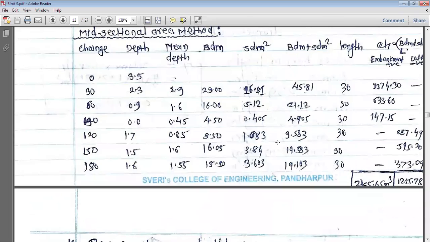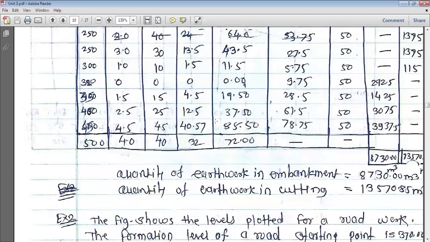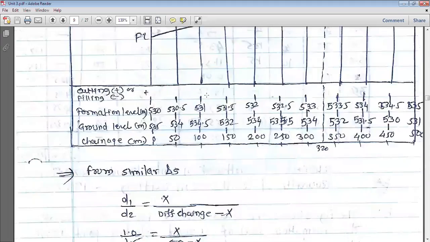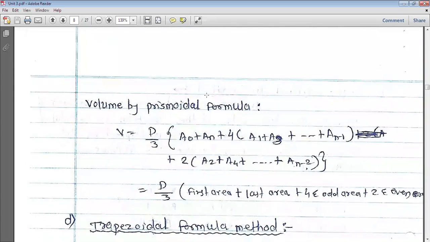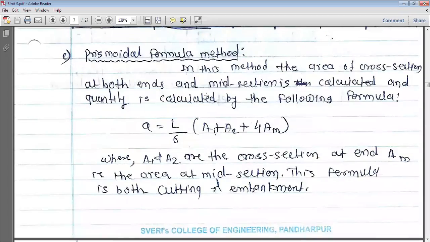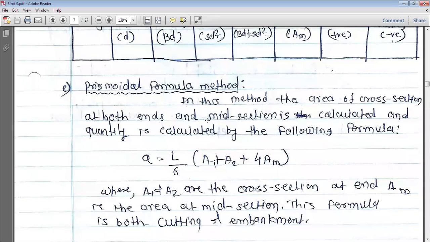Okay, so the last part of the road estimation methods are the two remaining methods we are going to discuss. The first method is the Prismoidal method. In the Prismoidal method, for calculating the quantity of earthwork, the formula we use is L by 6 into bracket A1 plus A2 plus 4AM.